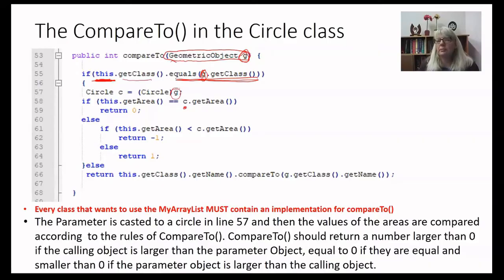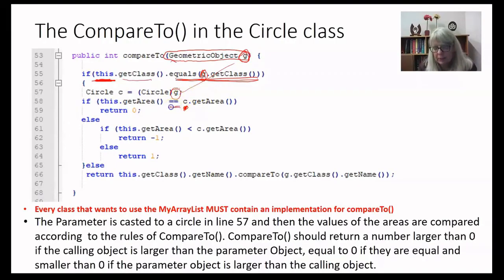There's a reason for it, because a rectangle also has an area. Okay, so I get the area of circle c, but what circle c? Circle c comes from actually the parameter object. So I'm comparing the area of the calling object with the area of the parameter object.